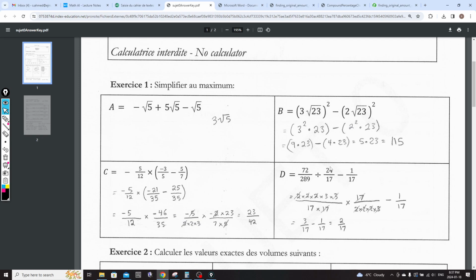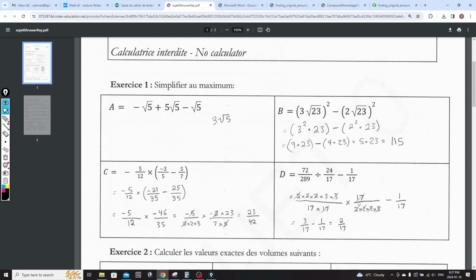Okay, now I can change this division into a multiplication, right? And then it becomes 17 over 24, but I'm going to do the same thing to that 24 as I did to 72 and 289, which is factor it into its prime factors. So 24 is 2 times 2 times 2 times 3. Now I've got this all nicely laid out, and I can start canceling things out that appear in the numerator and in the denominator.